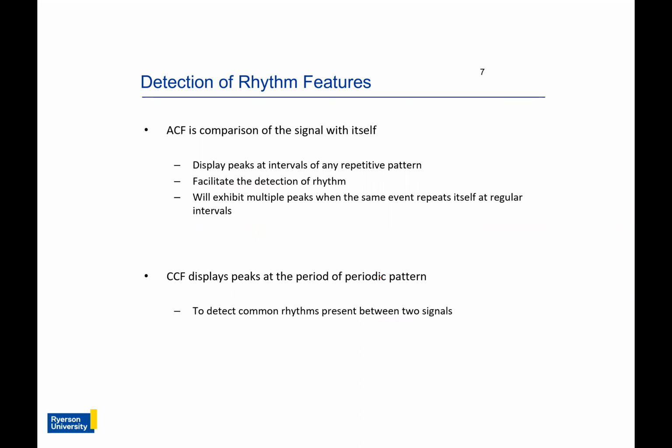So as indicated before, the autocorrelation function tends to display peaks at intervals of any repeated pattern. So if you have a pattern repeating, the peaks in the autocorrelation function are a good feature that indicates there is a repetitive pattern in the signal. So again, it facilitates the detection of the rhythm, and it also can give multiple peaks, obviously, when the same event gets repeated in the signal throughout.